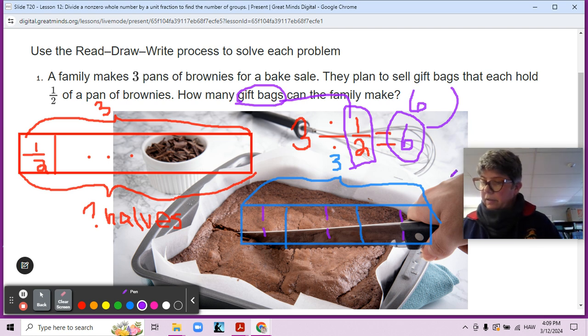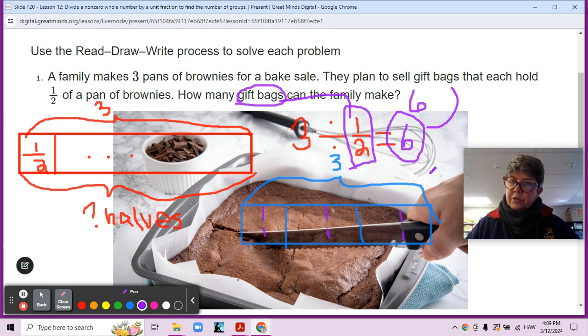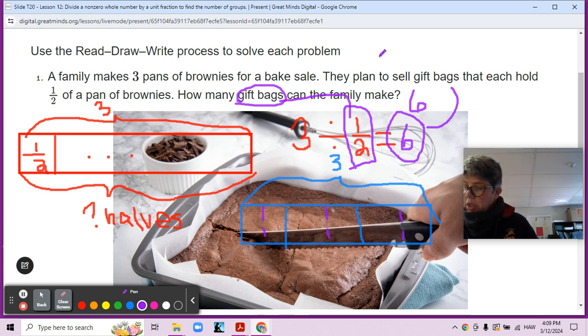Sorry if I didn't quite draw the lines there right. 6 halves or 6 groups of 1/2 make 3, right? So what would be our question here? Our question is, how many 1/2s are in 3, right? Say it with me. How many 1/2s are in 3? All right, good job.